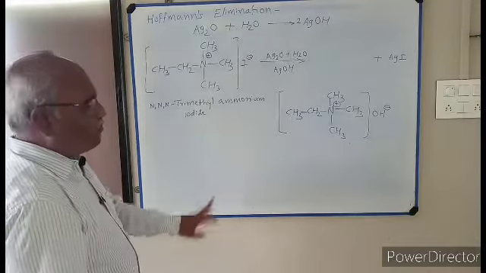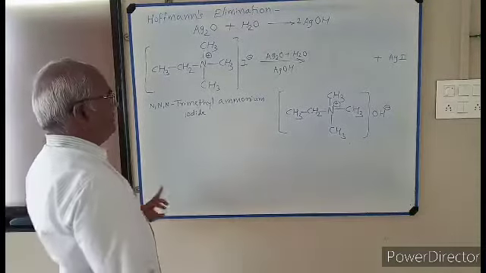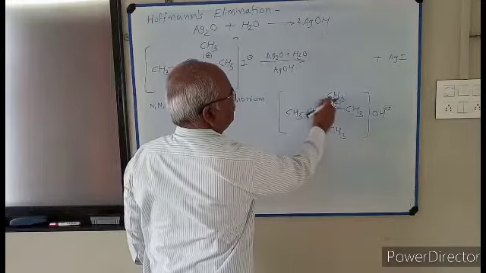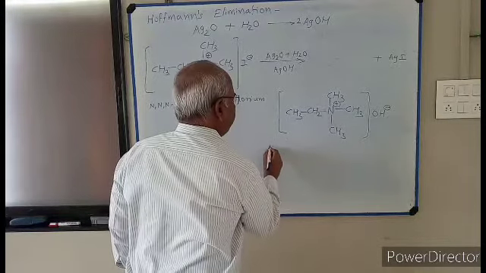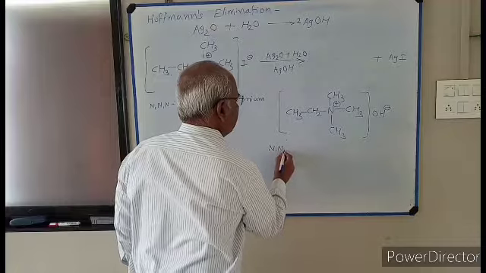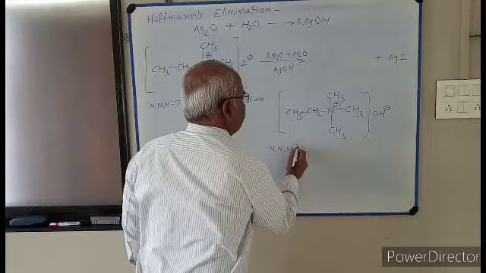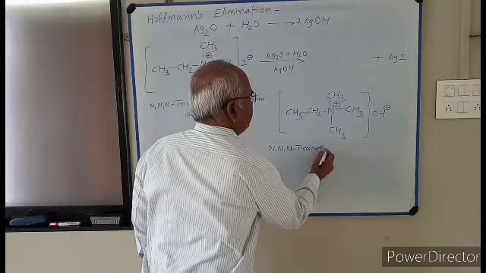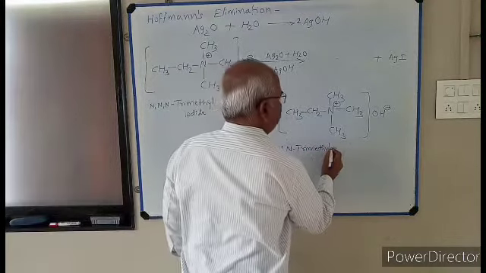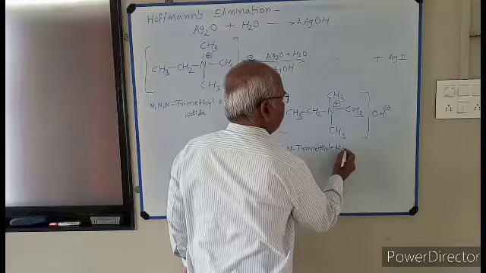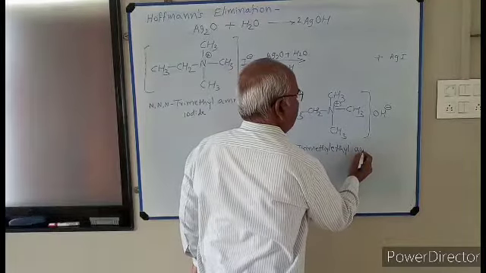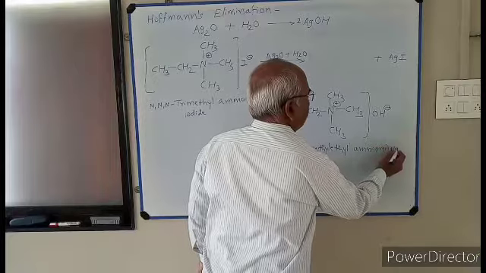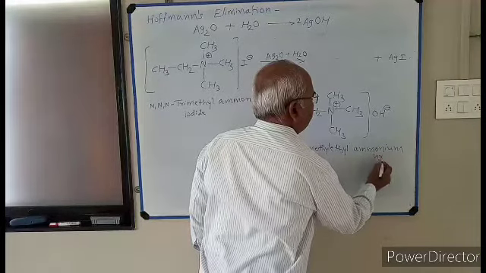The name of the product is very simple. To this nitrogen, 3 methyl groups are attached. Therefore, I write N, N, N, trimethyl, ethyl, ammonium hydroxide.